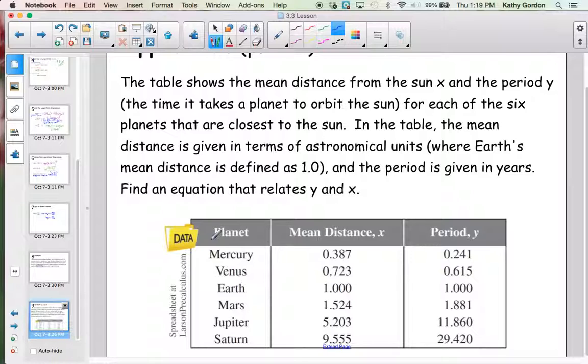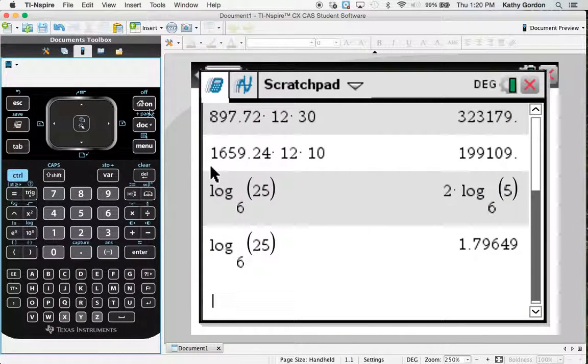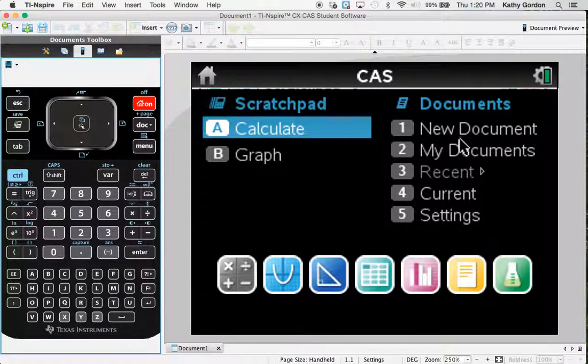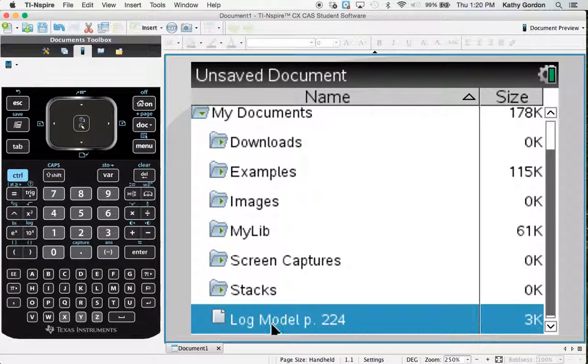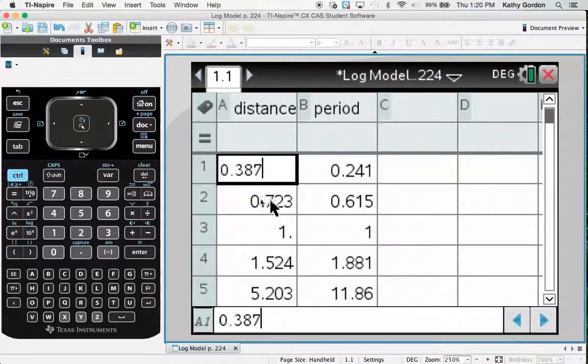So we've got our astronomical units where the mean distance is defined as 1 and the period is given in years, and we're supposed to find an equation that relates the x and the y. Okay, so on your calculators, you first need to open up a lists and spreadsheets page, and we need to get our data into our calculator so that we can work with it.